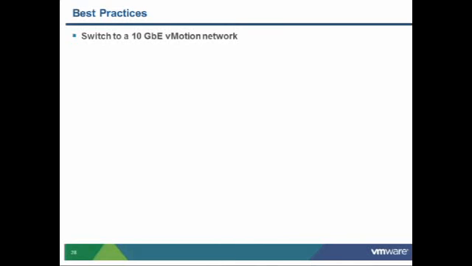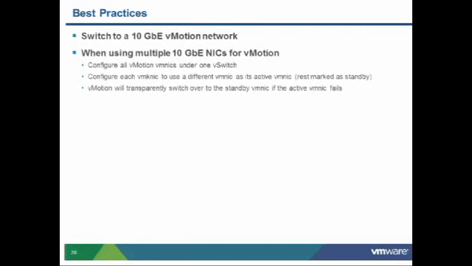So I think we looked enough at the performance data. I also want to sum up some of the best practices based on all this performance data. So if possible, if you have 10 GB NICs, I think it's a good idea for you to switch to a 10 GB vMotion network. And if you want to further speed up vMotion duration, you should consider using multiple NICs.